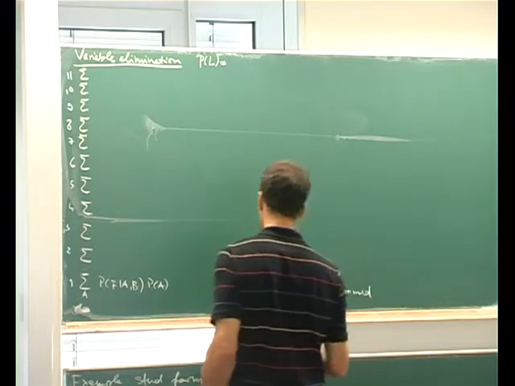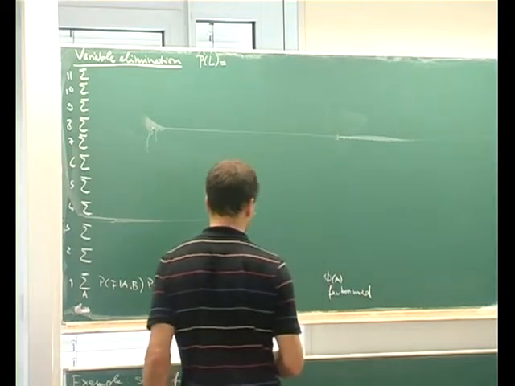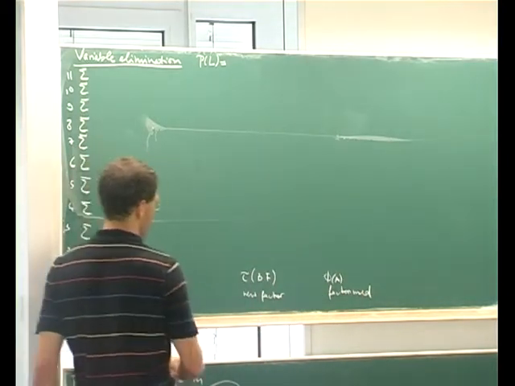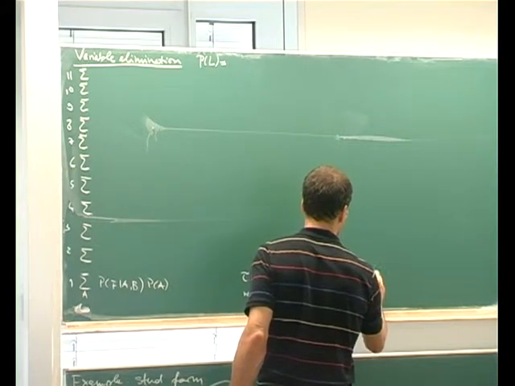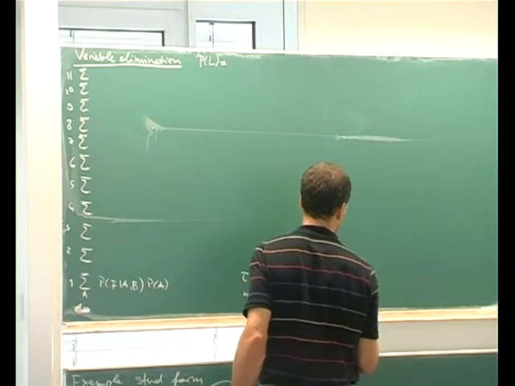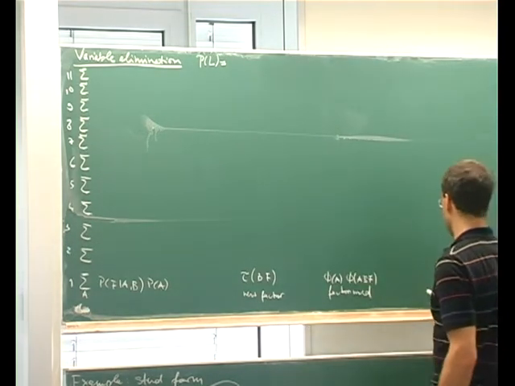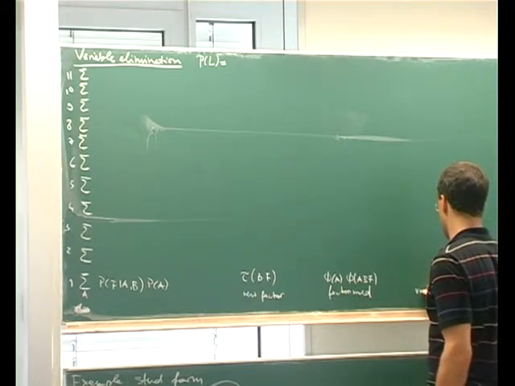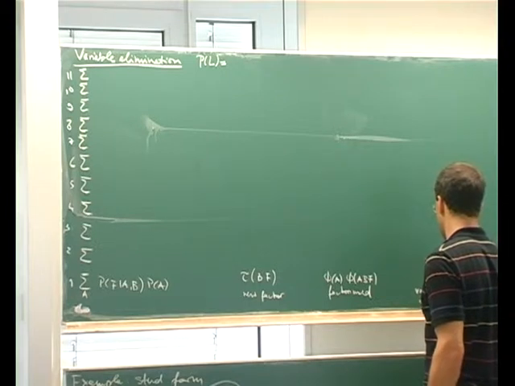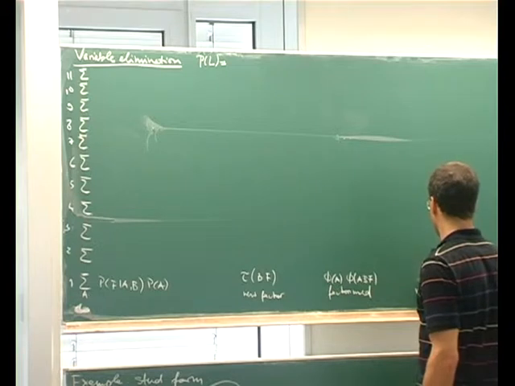So the factors used in the first step are a factor that depends just on A, this was P of A, and then a factor that depends on A, B, and F. And finally, I can summarize all the variables that are involved, which are A, B, and F.